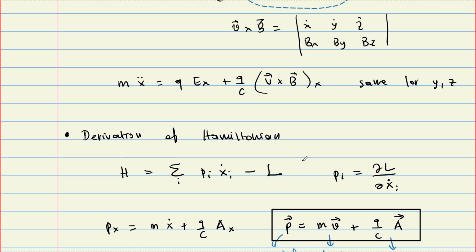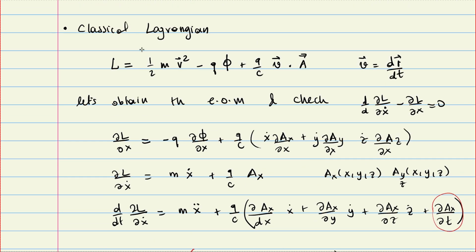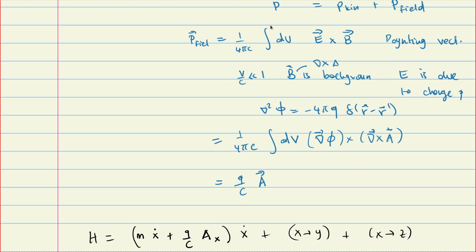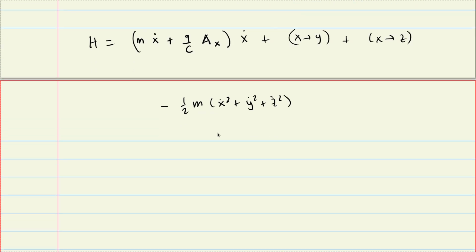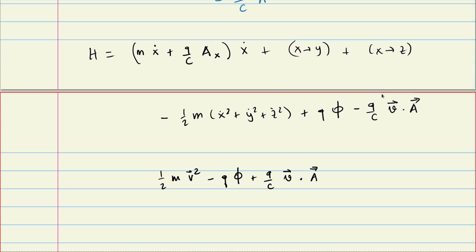Lagrangian, not to pick the wrong sign, so this is plus q phi minus q over c v dot A, and this term is q A x dot, and same for x and y.